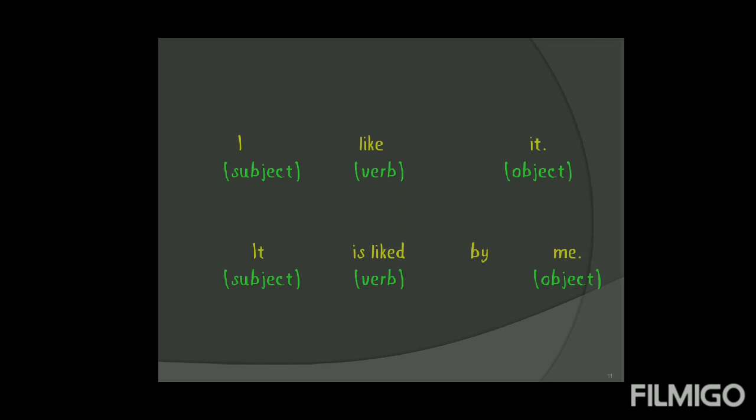So now we would change the voice. Subject I would be transformed into me, object, and it, object, would be transformed into it as subject, and like would be transformed into be plus verb in past participle form, that is liked, and by is added. So what happens finally? Finally we get I like it transformed into it is liked by me.